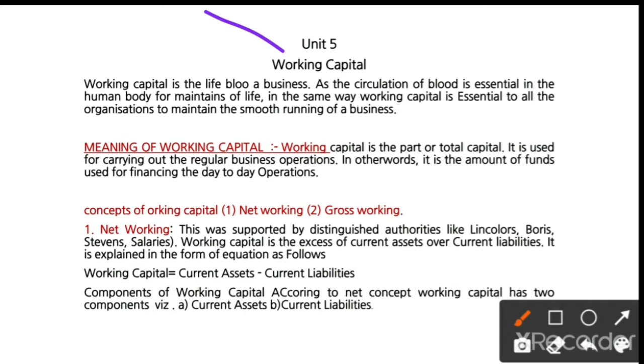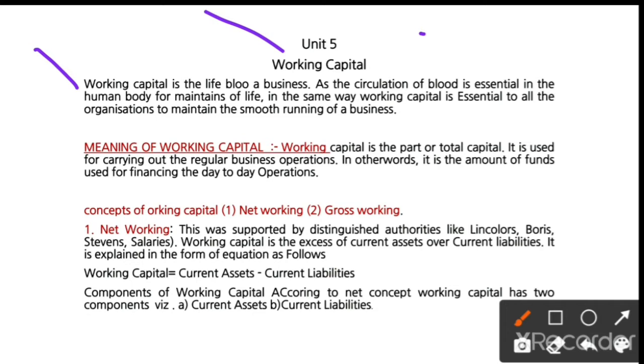Let us start today's class with working capital. See, working capital is the lifeblood of every business, as the circulation of blood is essential in the human body for maintaining life. In the same way, working capital is essential to all organizations to maintain the smooth running of the business. If there is no blood in the human body, the human will die.